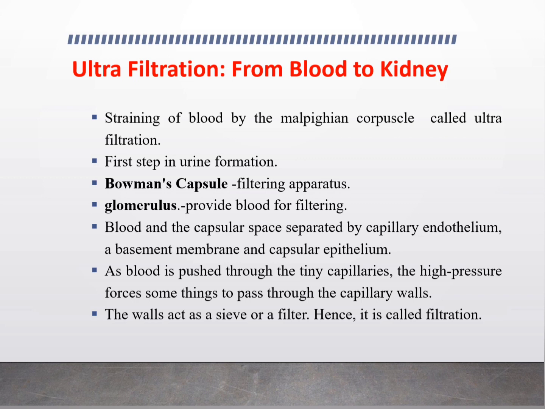Blood is pushed through tiny capillaries. The high pressure forces some things to pass through the capillary walls. These two factors, tiny capillaries and high pressure, favor the filtration of the blood. Then the walls act as a sieve or a filter, hence it is called filtration.